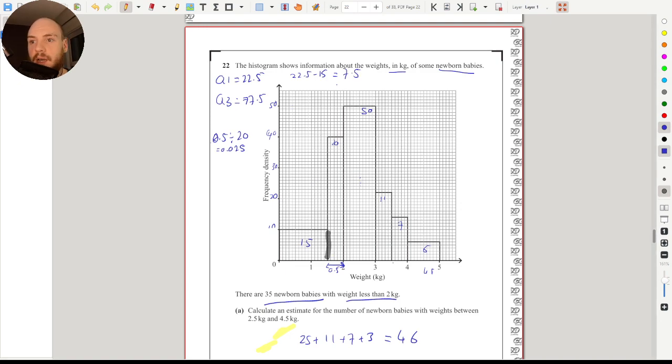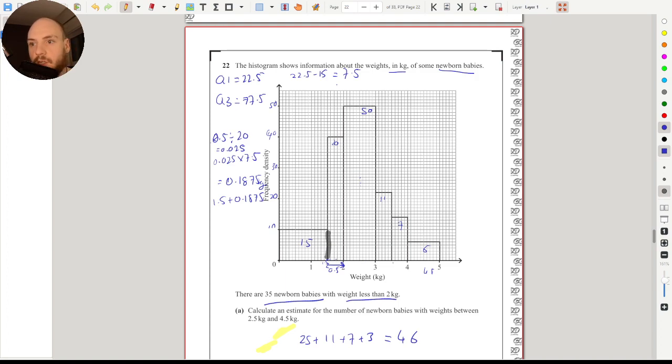So in terms of this 20, I'm going to go up the 7.5th frequency value. So what I'll do is 0.025 multiplied by 7.5, which gives me 0.1875 kg. So I know when I'm here, I'm at 1.5, so it'll be 1.5 plus 0.1875.